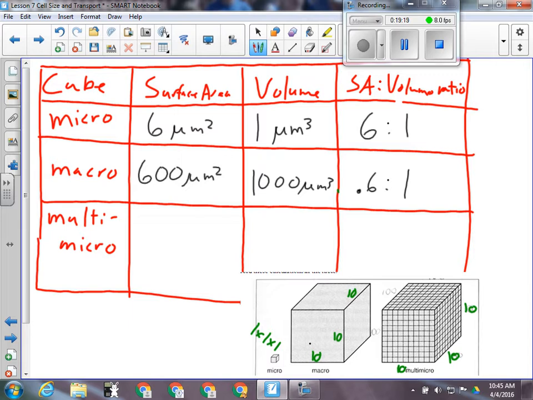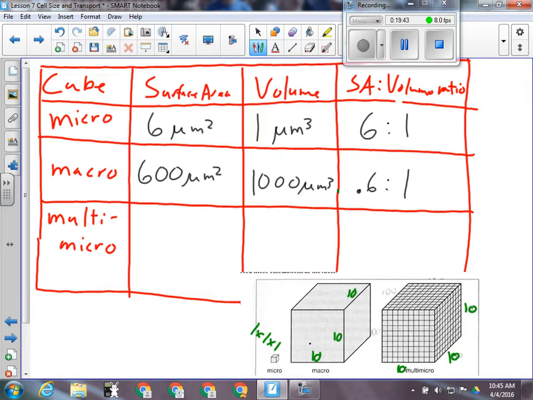Okay, now if I look at multi-micro, the box for multi-micro is the same size as macro, but it's made up of tiny little micros. How many little micros do you suppose are inside of there? Well, on each side there's 10, right?